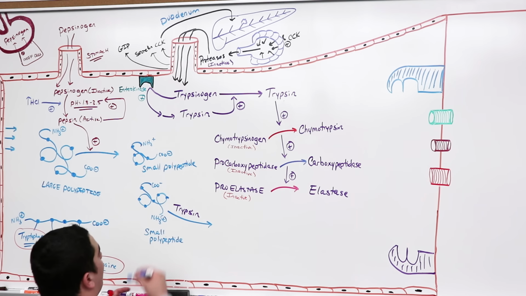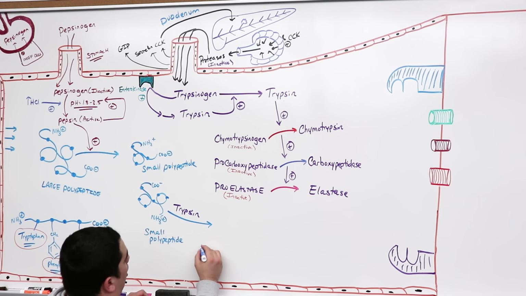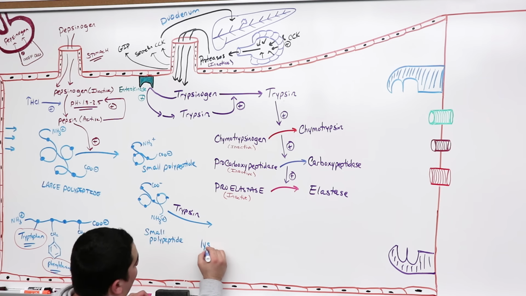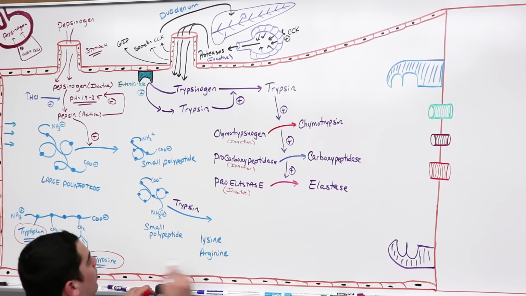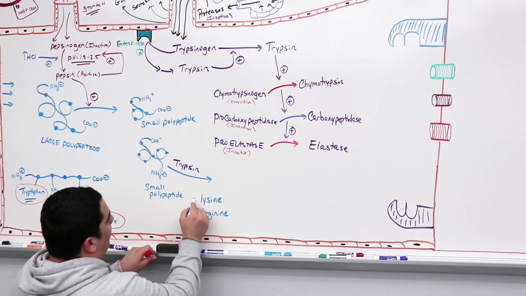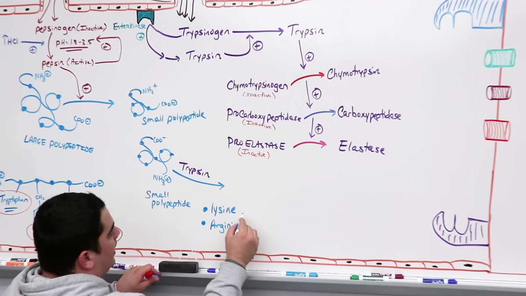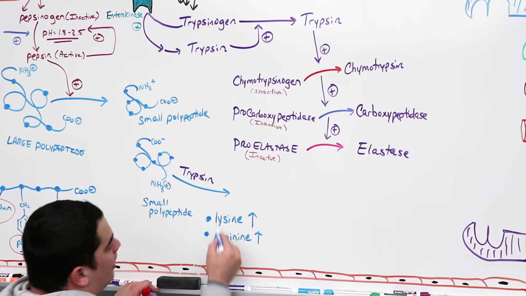So he'll cleave a lot of peptide bonds, specifically where there's a lot of lysine and a lot of arginine. That is what he is going to focus on. So wherever there's a lot of these 2 guys, he's going to cleave here.